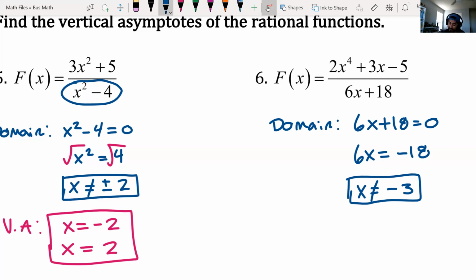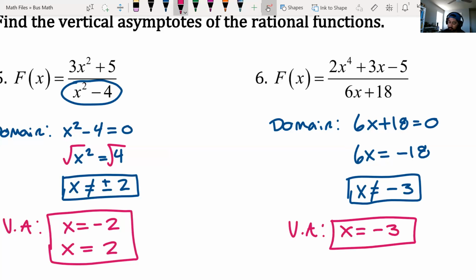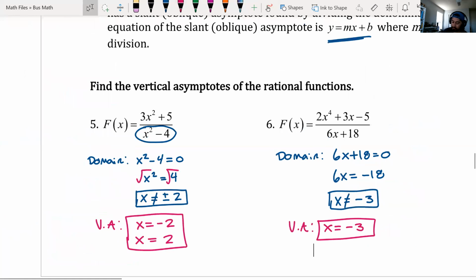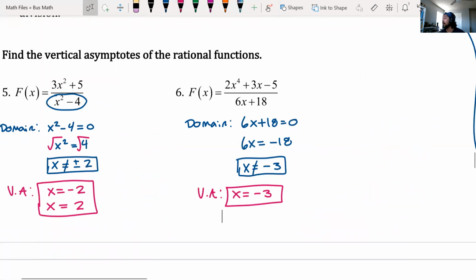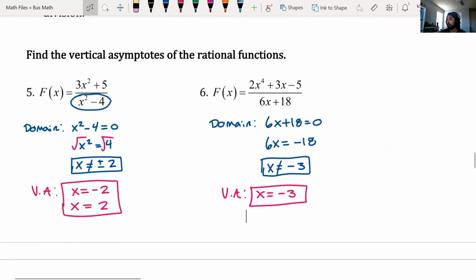Okay, and once again, easy money. The vertical asymptote is x equals -3. There we go. So that is how you find vertical asymptotes. You take your denominator, you set it equal to 0, and you solve for x. That's it.